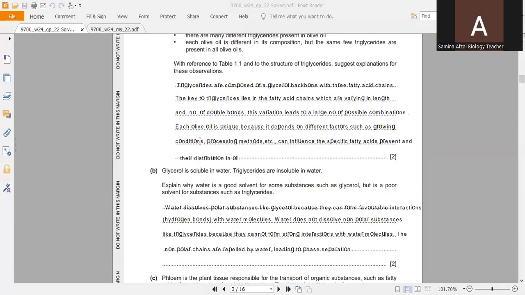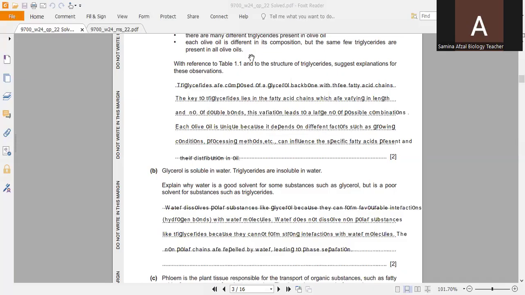Now the question says to suggest explanations, so now we have to give explanations. Before going to the answer I have written, I would like to explain it. First of all, many different triglycerides exist. Olive oil is made up of a variety of triglyceride molecules.